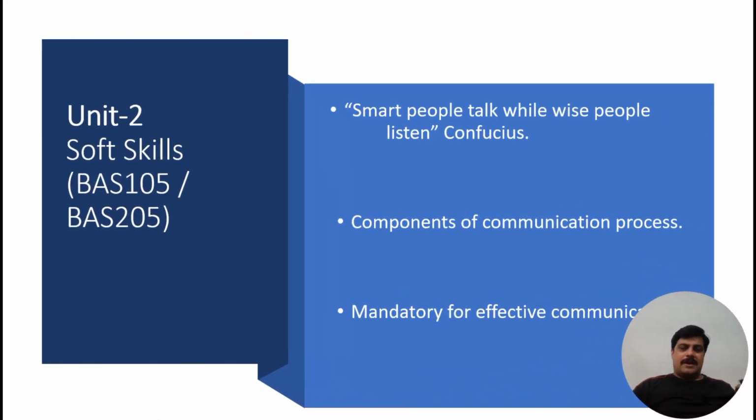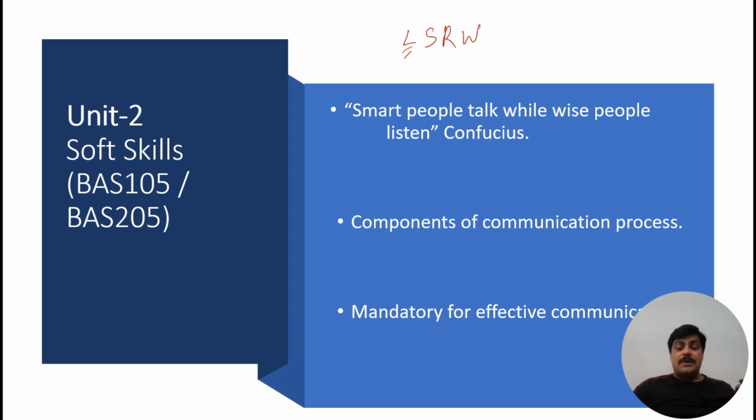You see here, smart people talk while wise people listen. It is said by Confucius. So listening becomes more important. You also know, out of these 4 language skills, listening is the most important skill. So that is right to say, smart people talk while wise people listen.